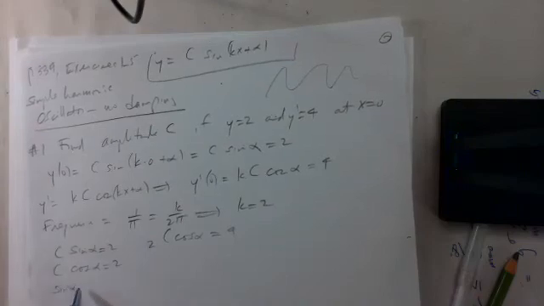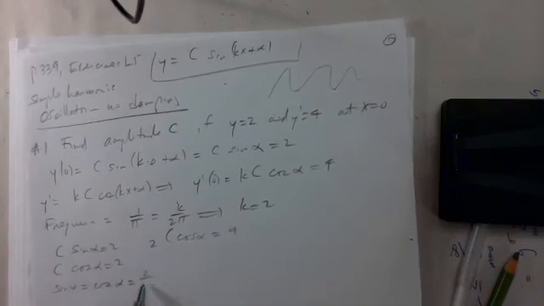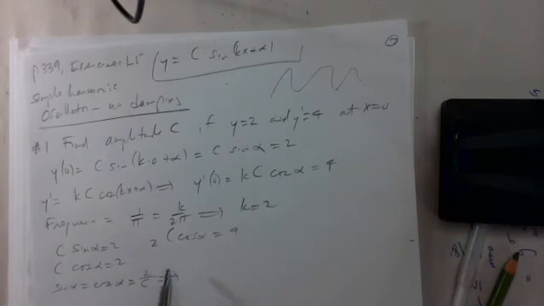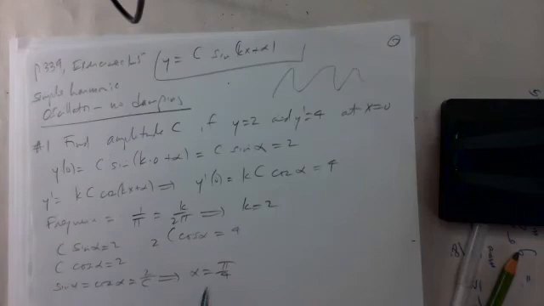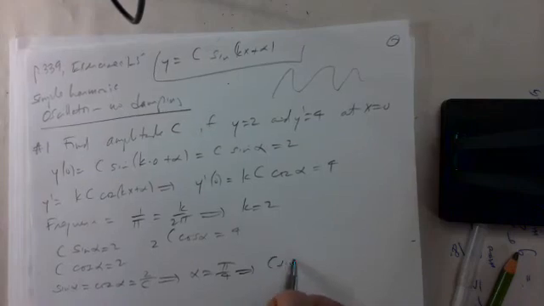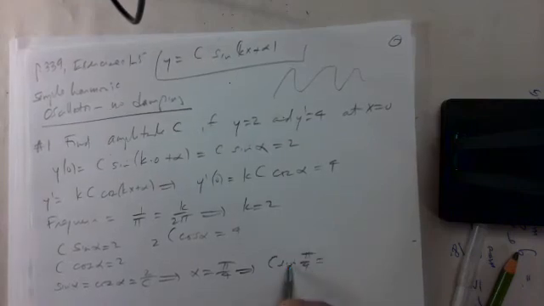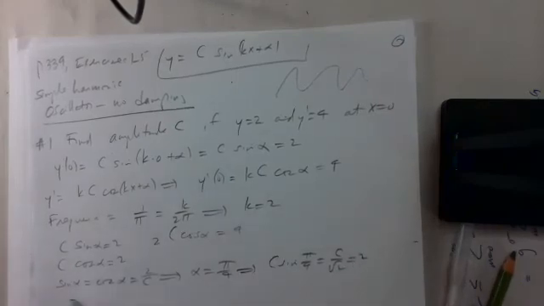So the sine of alpha and the cosine of alpha are both equal to 2 over c, which means alpha is, let's say, pi over 4, because the angle when sine and cosine are equal is either pi over 4 or 5 pi over 4. Let's say pi over 4. And in that case, c times the sine of pi over 4, which is root 2 over 2, equals 2.